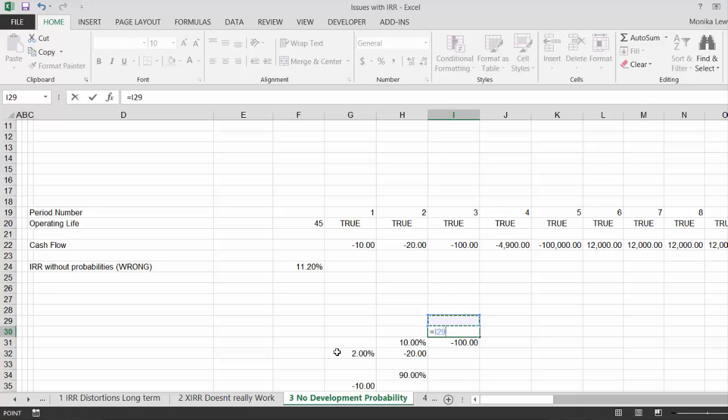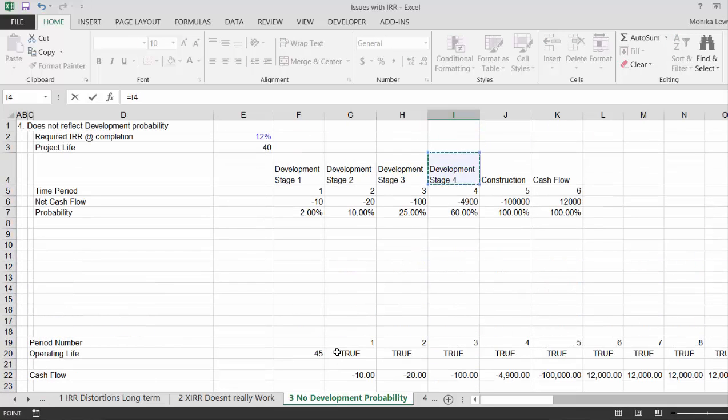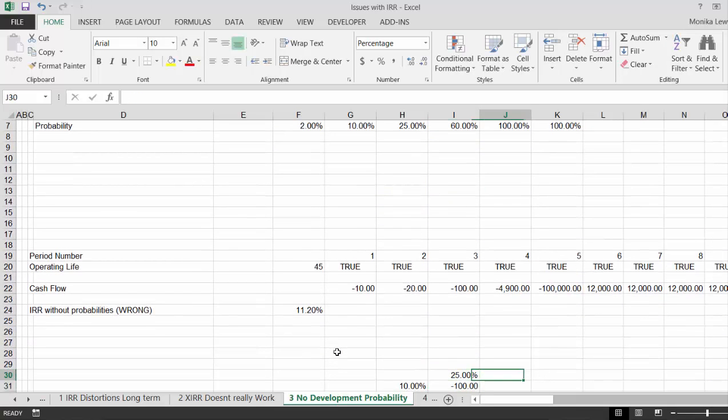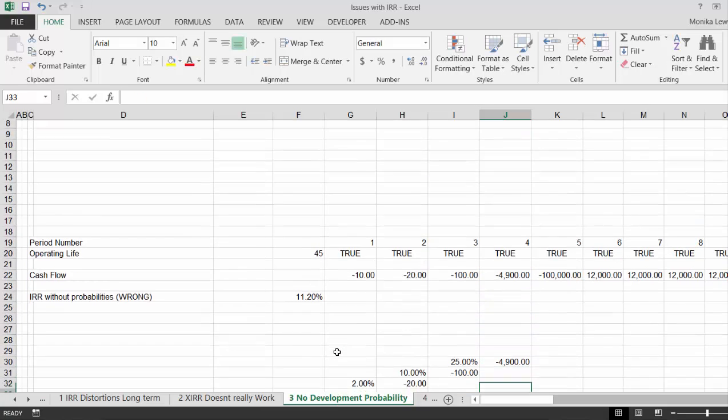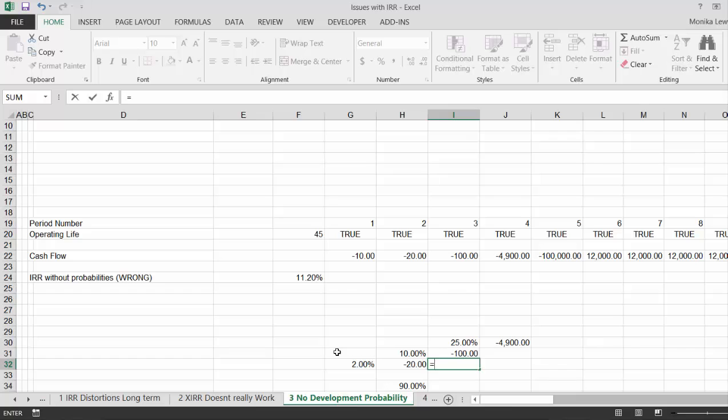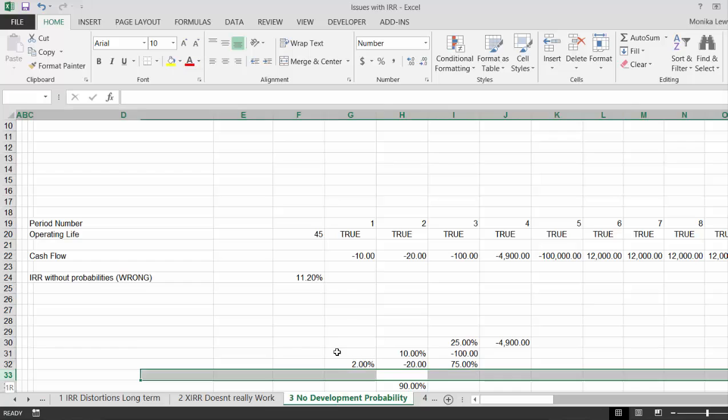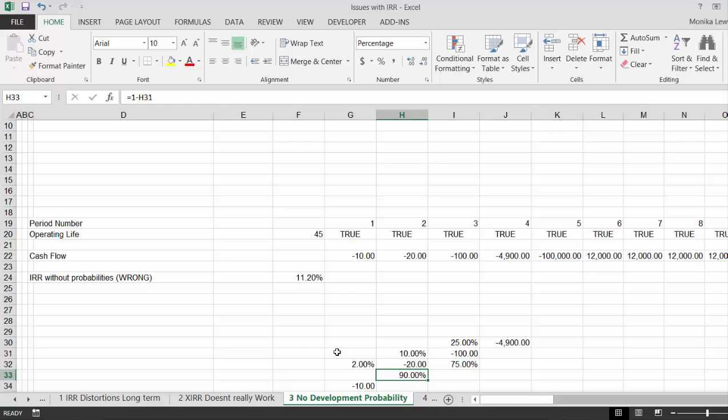And we get a probability of success after the 100 of 25%, which gives us the right to spend this much. And we can put maybe 1 minus this one. Maybe I'll put this one. Okay.